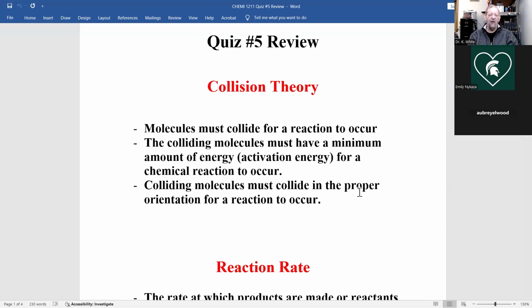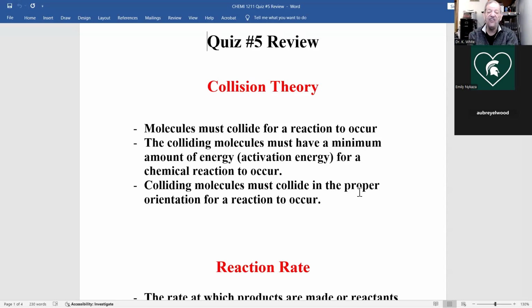All right, let's get going. You should know the collision theory and the 3 key elements of the collision theory. In order for a reaction to happen, molecules must collide. Colliding molecules must have a minimum amount of energy.